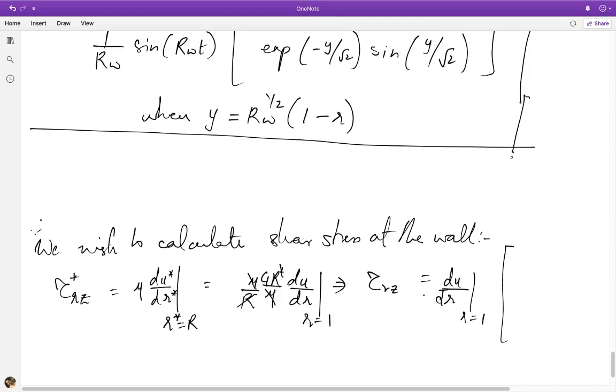So we could have written this down directly if we simply recognize the appropriate scale for tau rz is g times r, right? Because this is the pressure gradient, and g times r has the units of pressure, which is the same as the units of shear stress.